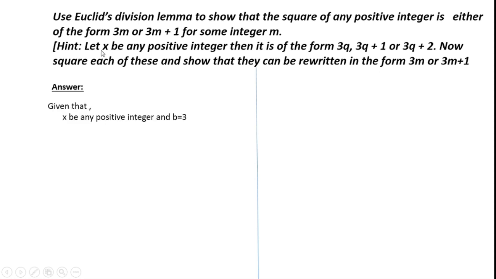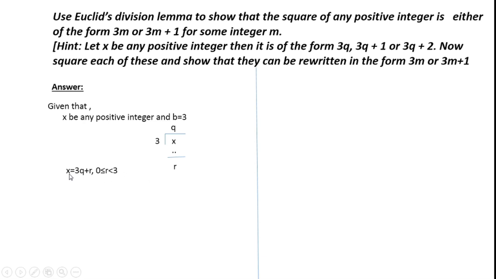What is given in the question? x is any positive integer and b equals 3. How are we getting this b equals 3? From the 3q, 3q plus 1 and so on. What is the meaning of this? Take one positive integer x and divide by 3. We will get a quotient q and a remainder r.